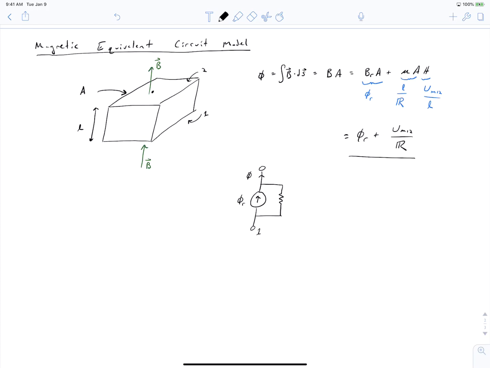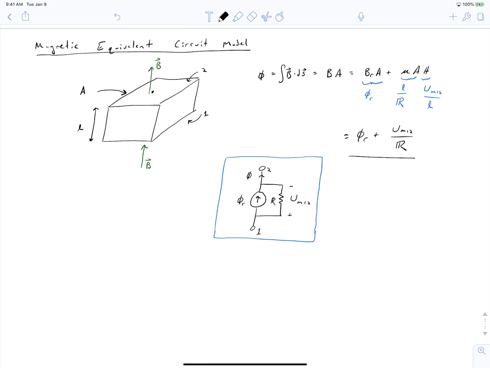So this would be node 1 down here, and we've got node 2 up here. That means here's our reluctance, and we've got a magnetic voltage here. And long story short, this is the magnetic equivalent circuit model of our permanent magnet.